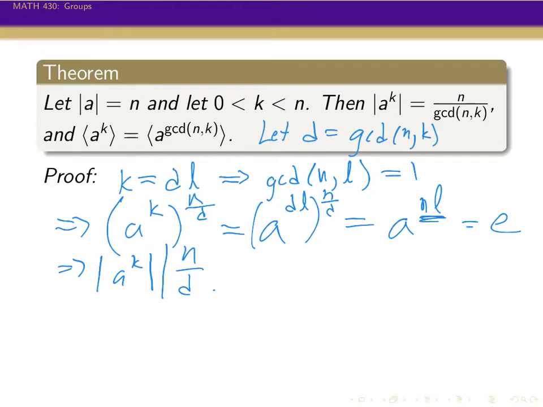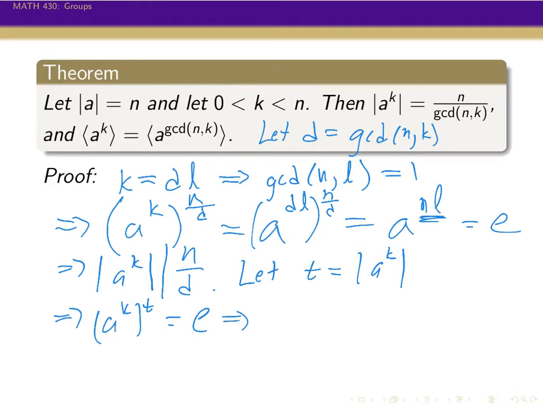So let's let t equal the order of a to the k. Well, that means that a to the k to the t is equal to the identity.